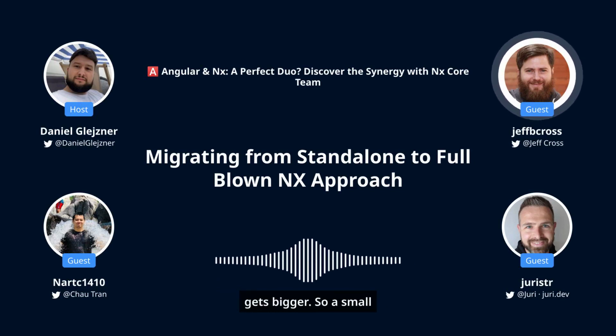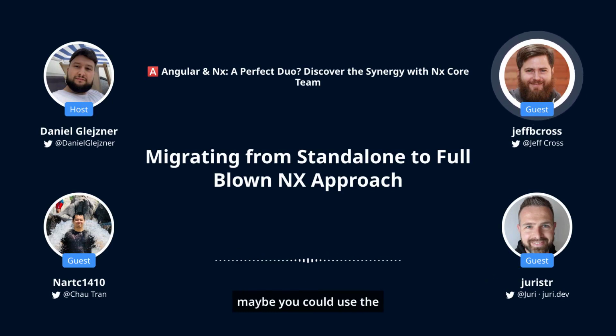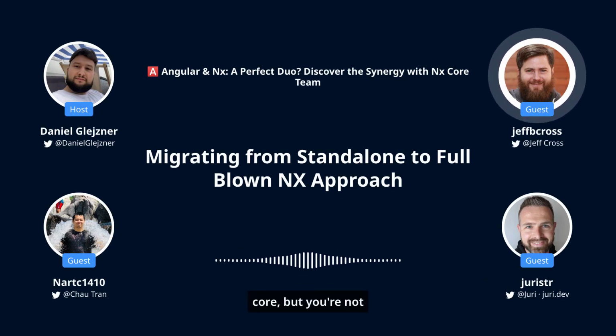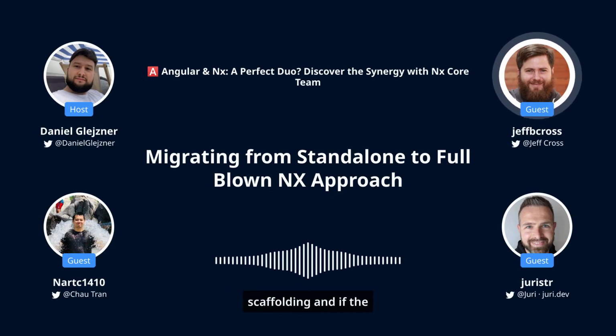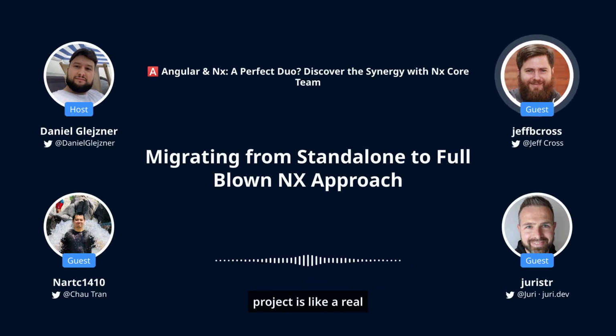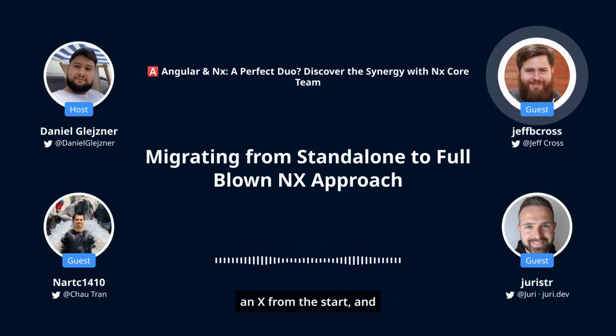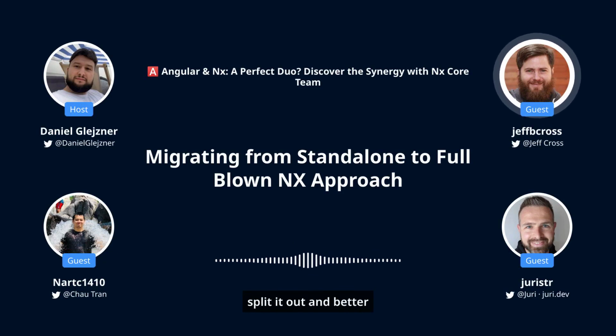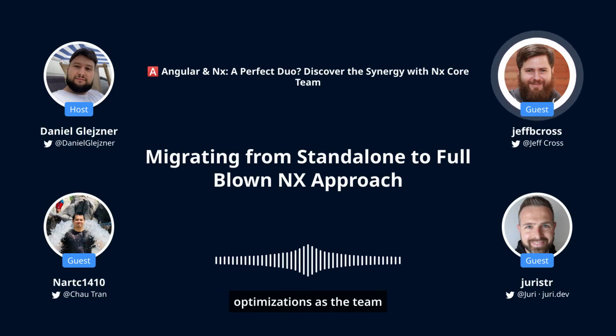So for a small project, you could use the core, but you're not going to solve a lot of pain if it's just one app and one library. But there are other tools, like the scaffolding, and if the project is a real product that's probably going to grow, it's better to start off with NX from the start, and then you can start to split it out and better organize the workspace, and better take advantage of the performance optimizations as the team and product grow.